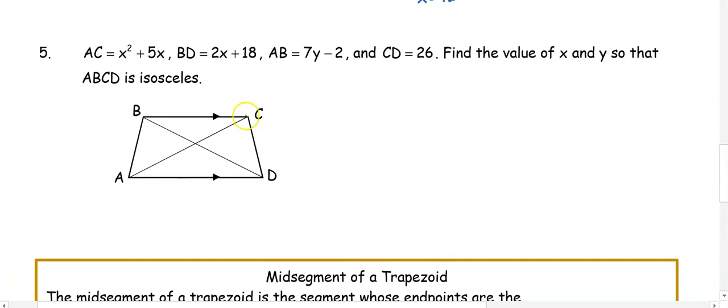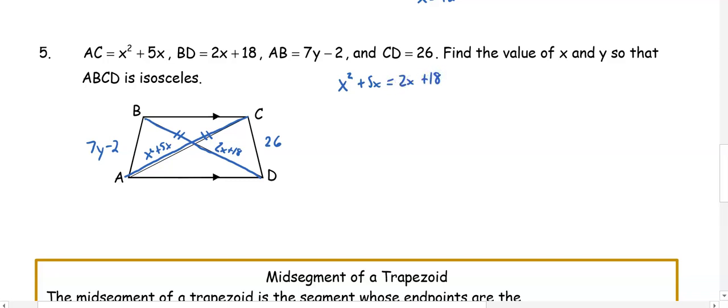Number 5, AC, this whole diagonal, is x squared plus 5x, and this whole diagonal BD is 2x plus 18. AB is 7y minus 2, and CD is 26. So if we're solving for x, we know that the diagonals are congruent. X squared plus 5x equals 2x plus 18.